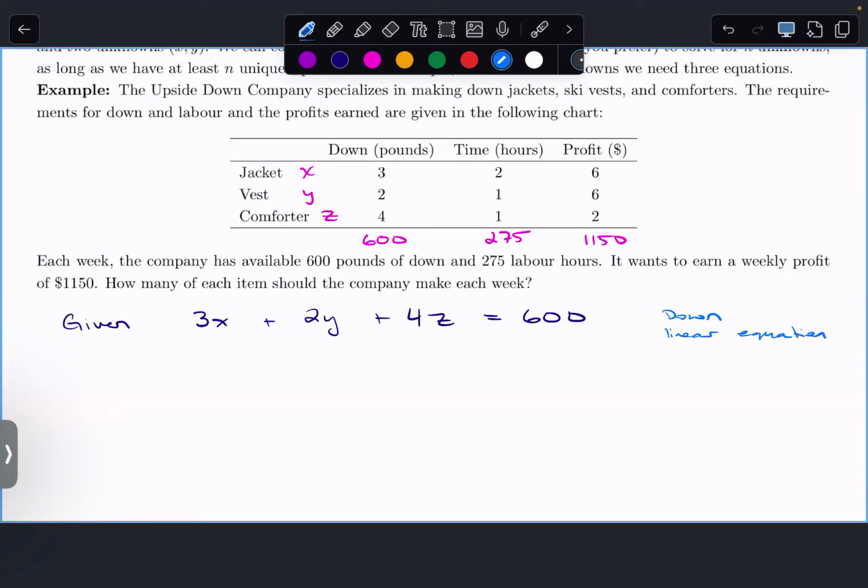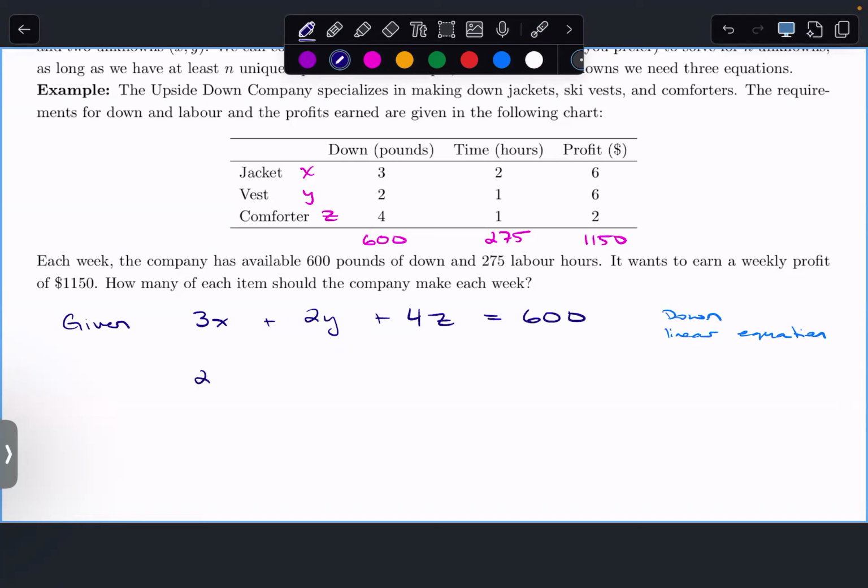We're used to seeing linear equations where it's just a straight line, but now our linear equations are referring to just powers of 1 on my variables. That's what we're going to call a linear equation. But now I have 3 unknowns, which means I'm going to need at least 3 equations to be able to solve for 3 unknowns. So what if I did the same thing with the time that they take?